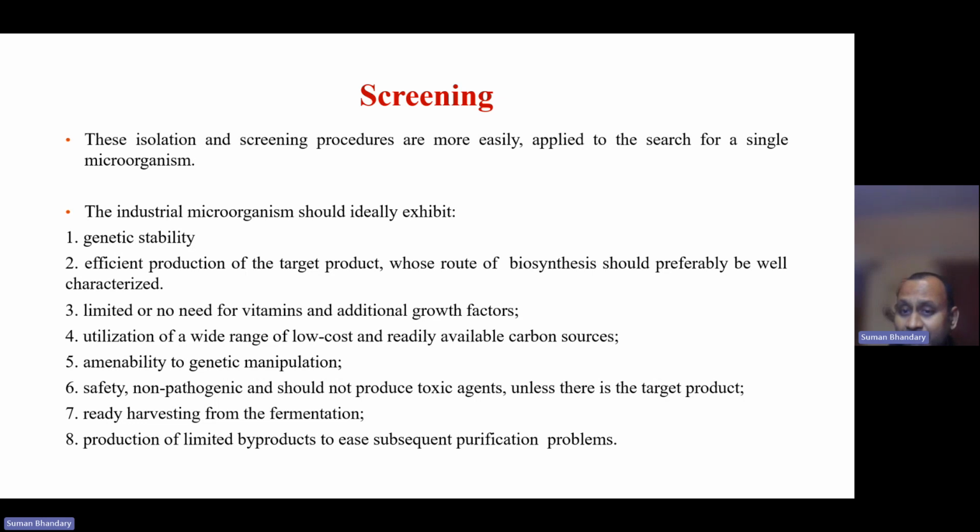They should be safe to use, non-pathogenic, not produce any toxic byproduct or toxic product, and allow ready harvesting from the fermentation. This means the organism should be larger in size so that we can harvest it quite easily from the fermenter vessel.